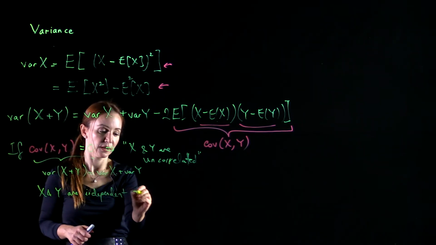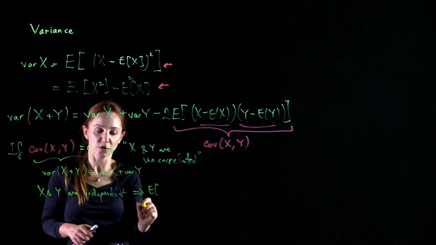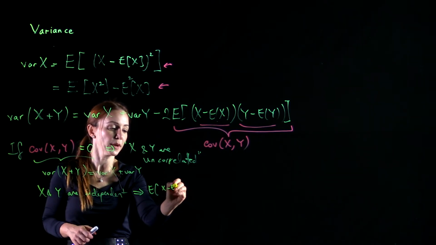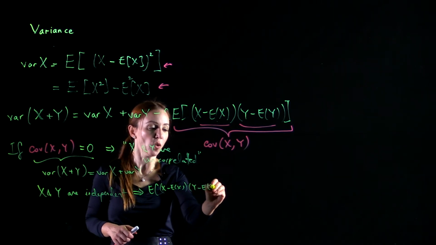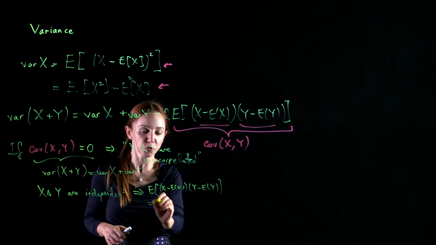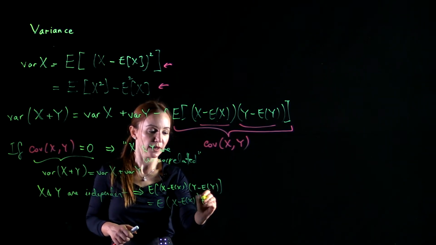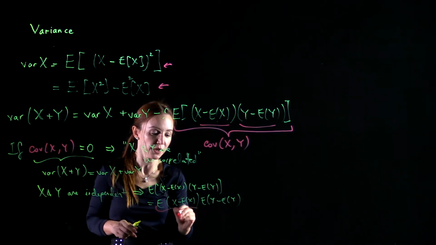Then clearly the expectation of (X minus expectation X) times (Y minus expectation Y) breaks down into the product of the expectation of X minus expected X and the expectation of Y minus expected Y, but both of these terms are 0.